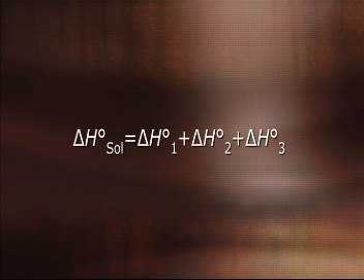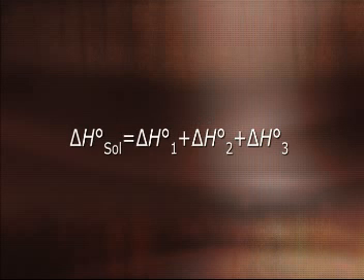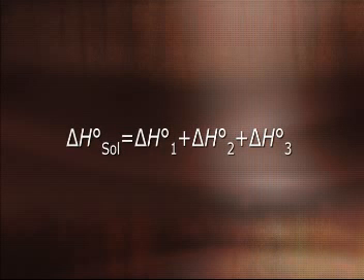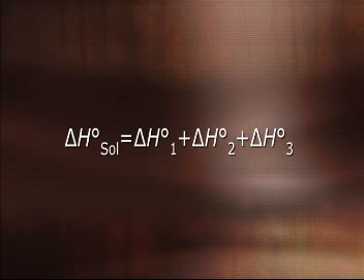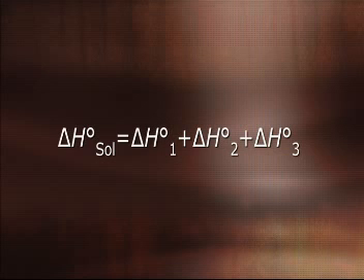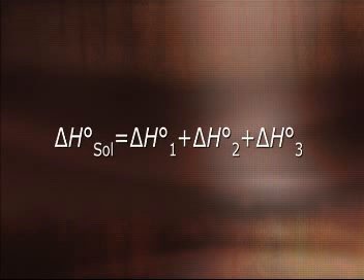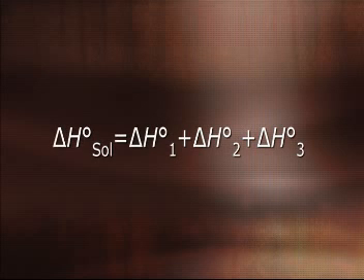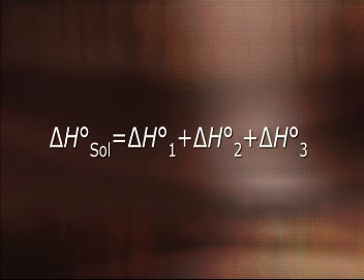Students, let us discuss this formula. The heat of solution is equal to the first change in heat energy, or the first step of the solution process, plus the second change in heat energy, or the second step of the process, plus the third change in heat energy, or the third step of the process.